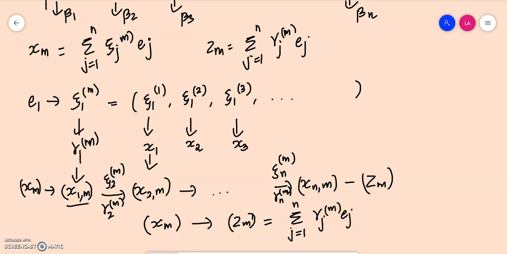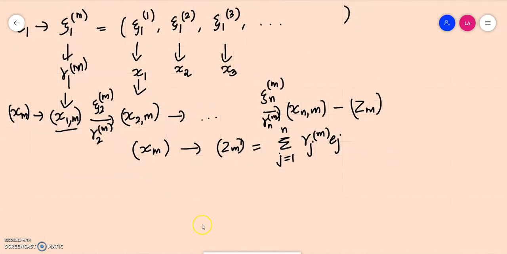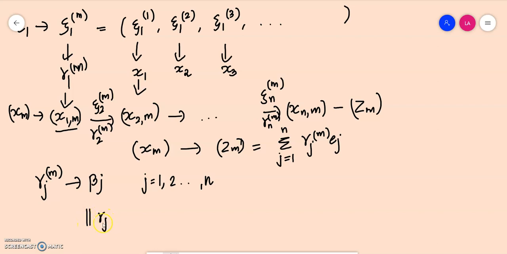We have already defined that each of these sequences eta_jm converges to beta_j, where j varies from 1 to n, which means that the norm of eta_jm minus beta_j should be less than epsilon for all m greater than or equal to some m_j, where j varies from 1 to n. I use this index to characterize it generally.